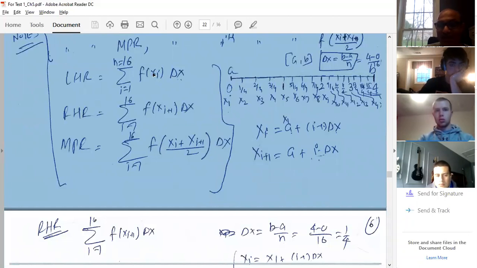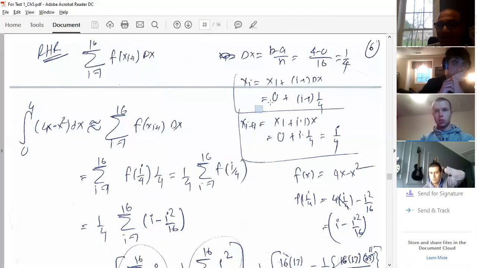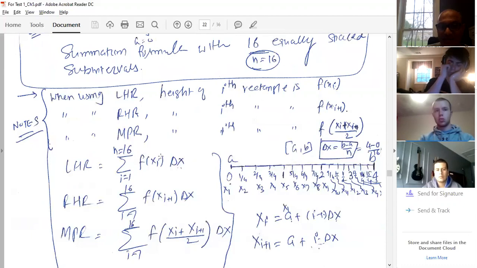Means my x is replaced by xi. What was my xi? My xi here is (i minus 1)/4. Agree? That means I have to replace x by (i minus 1)/4.